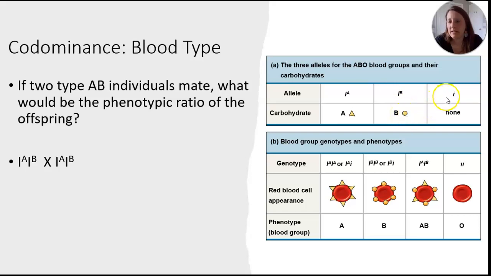If you inherit the little i allele, this is considered to be recessive. And if we look at what carbohydrate is produced from this allele, there is none. Okay, so let's look at the potential, again, genotypes and phenotypes. So we said if you're type A, you are either IA IA or IA little i. And so the IA allele is going to be expressed even in this heterozygote condition.